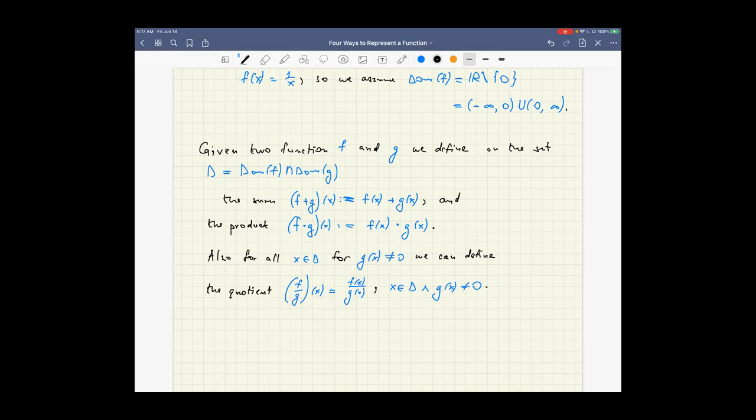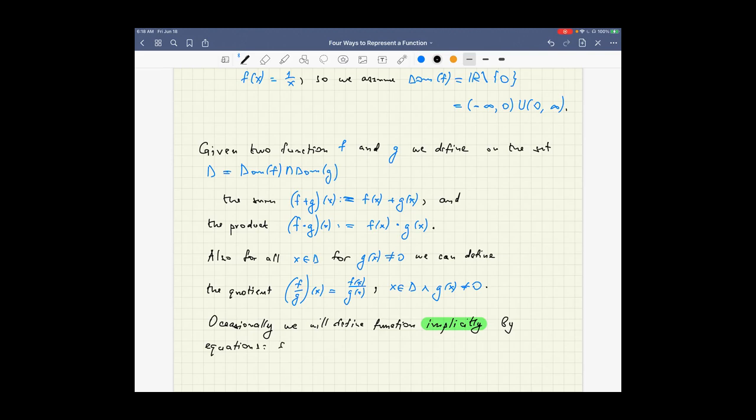Another thing I wanted to mention here is that occasionally we will define functions implicitly by equations involving x and y.